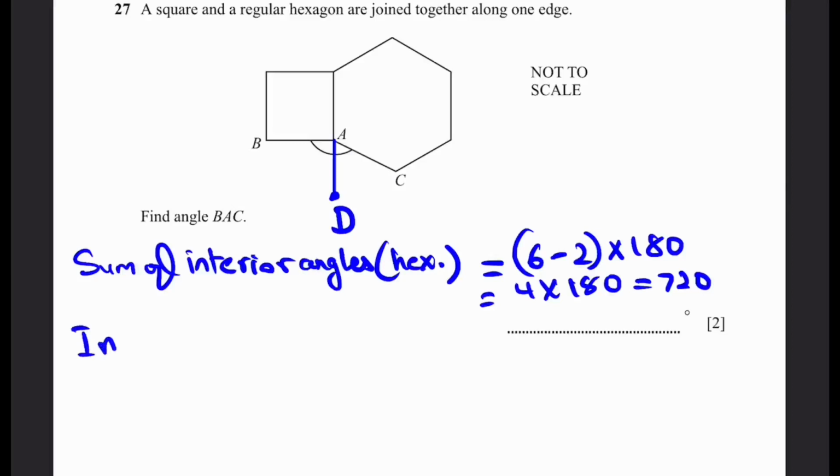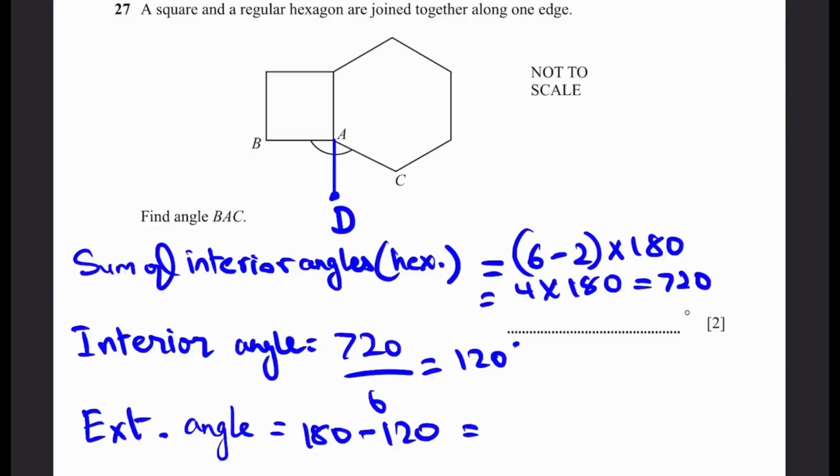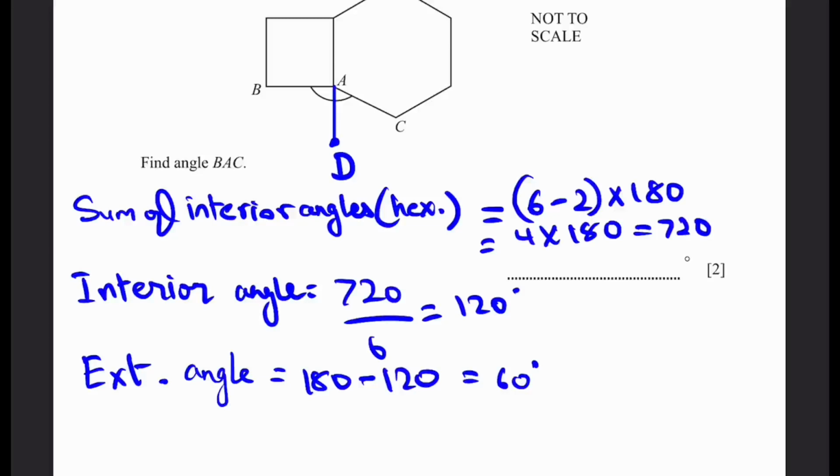So the interior angle is equal to 720 by 6, which is equal to 120 degrees. And then the exterior angle is equal to 180 minus 120, which is equal to 60 degrees. And then we need to find out the exterior angle for this square. A square obviously has interior angles of 90 degrees.